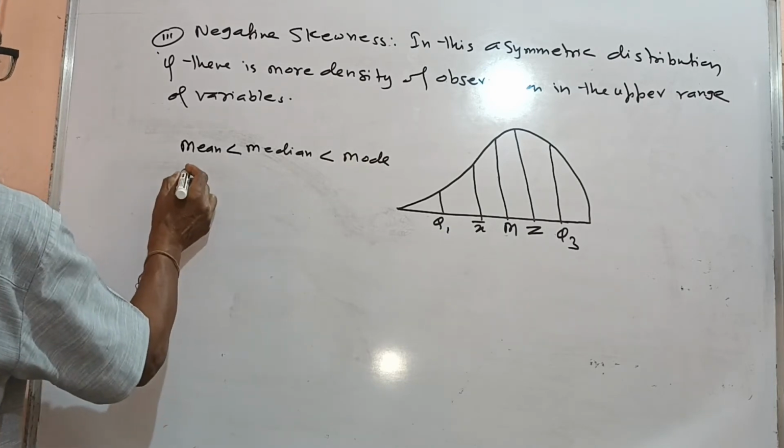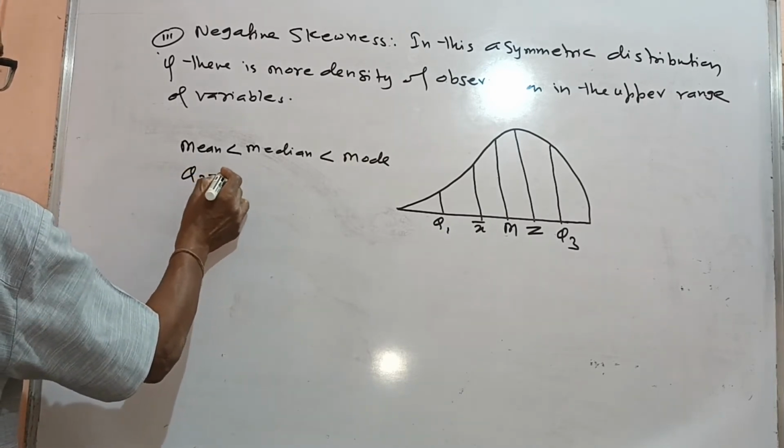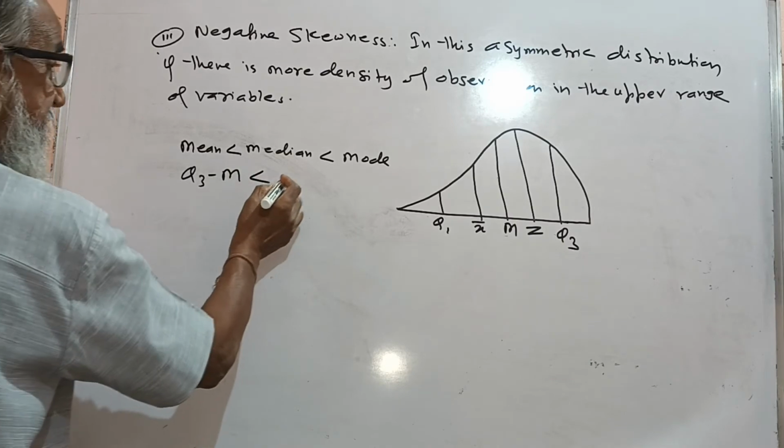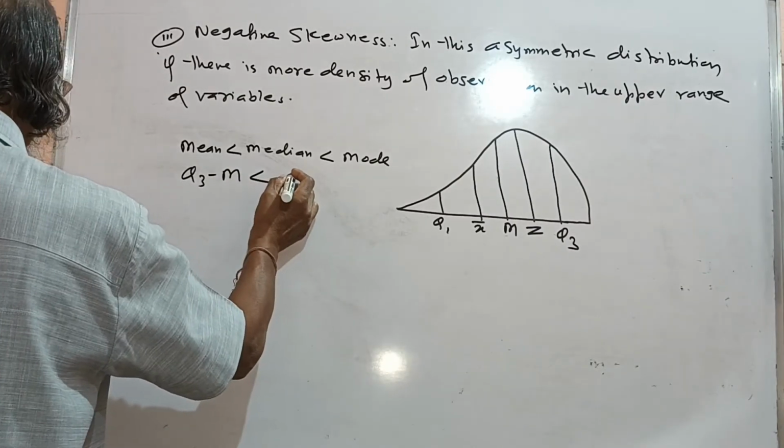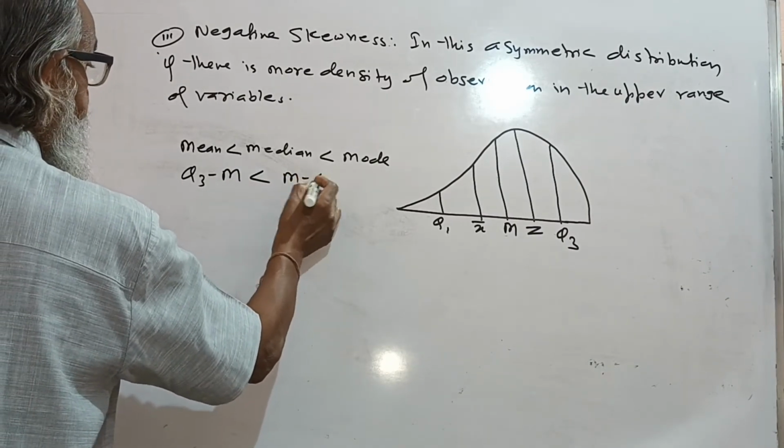That is, Q3 minus M is less than M minus Q1.